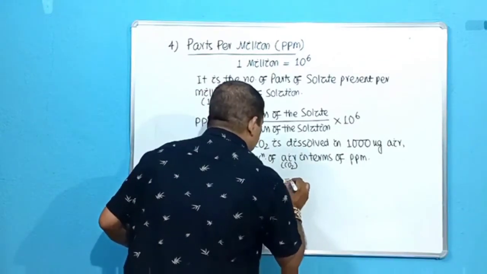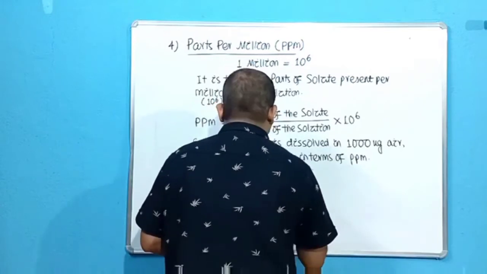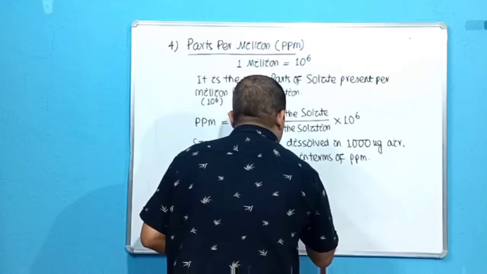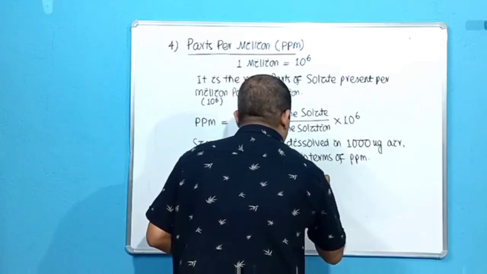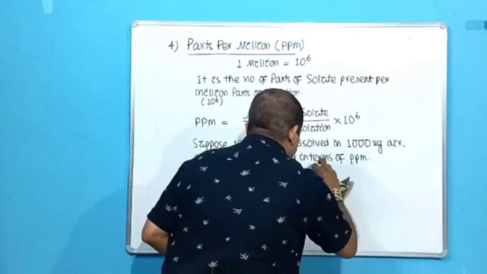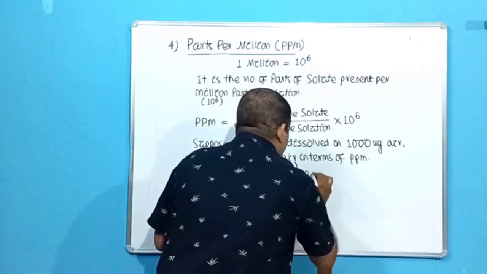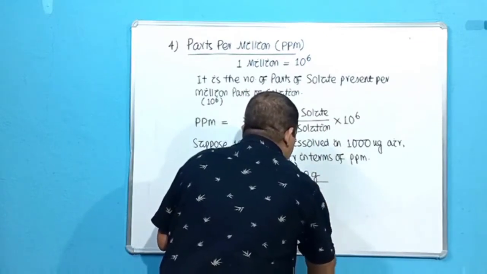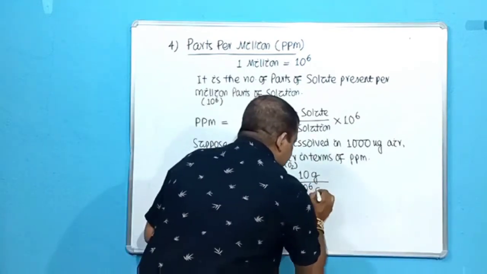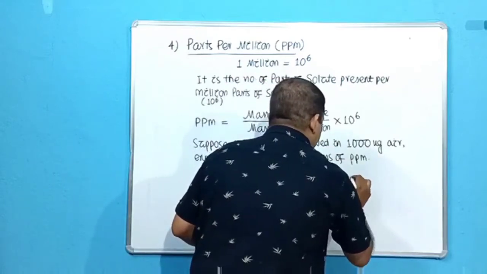That means mass of the solution into 10 power 6. So it will be 10 gram divided by 10 power 3 multiplied by 10 power 3, into 10 power 6. That means what will be the solution ppm? 10 ppm.